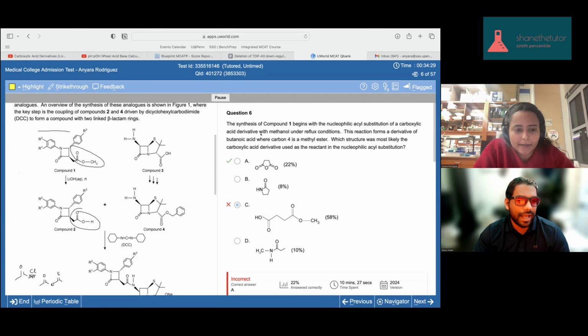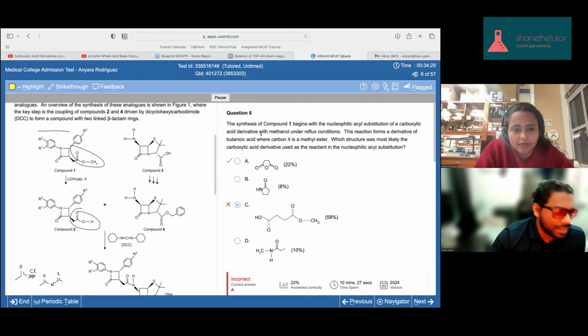So I was thinking of that too, except it seems like what's happening here is that I think it's actually acting as just a base.